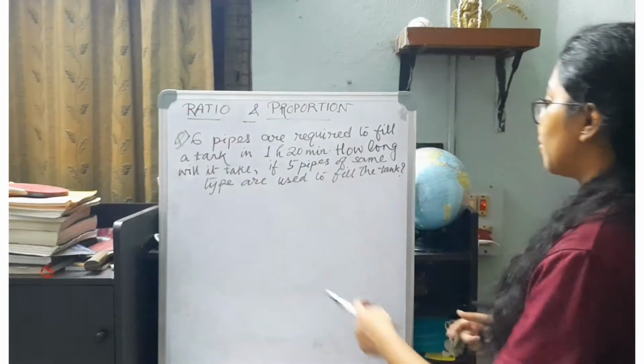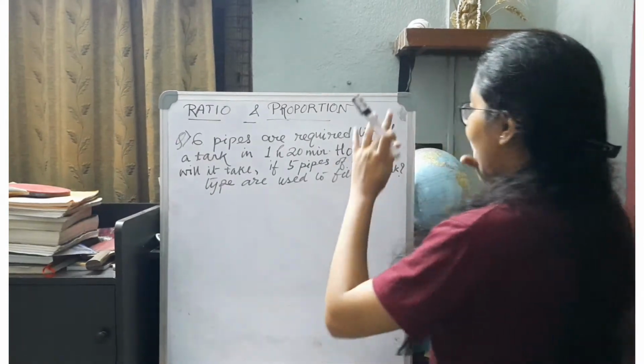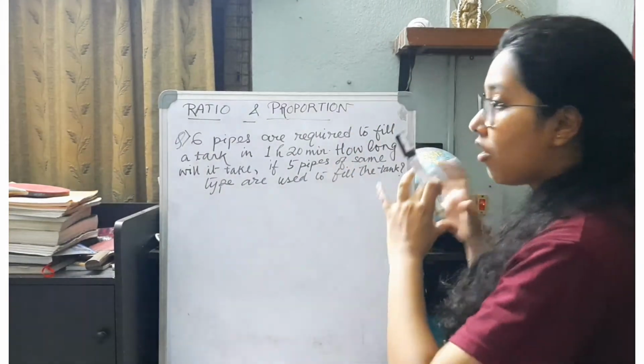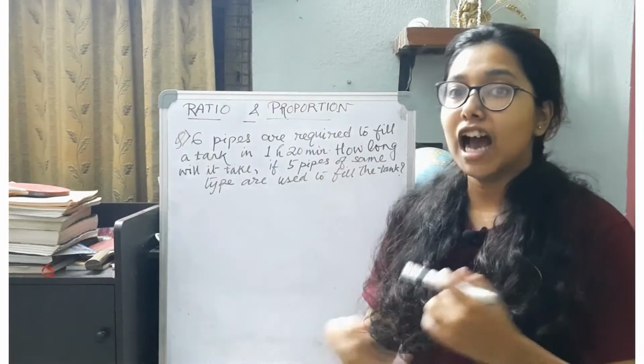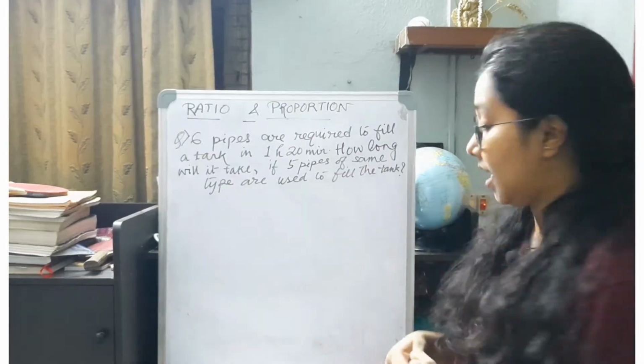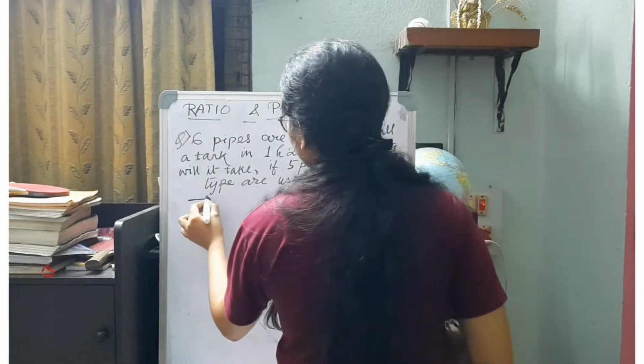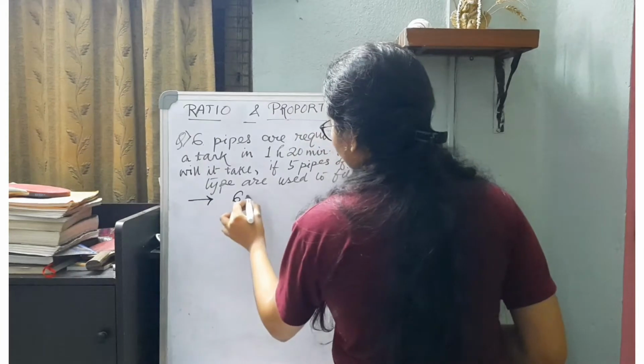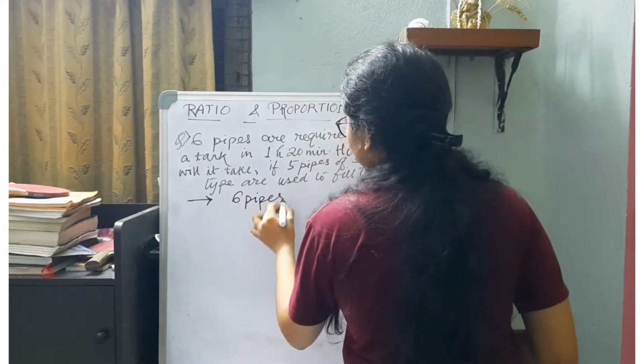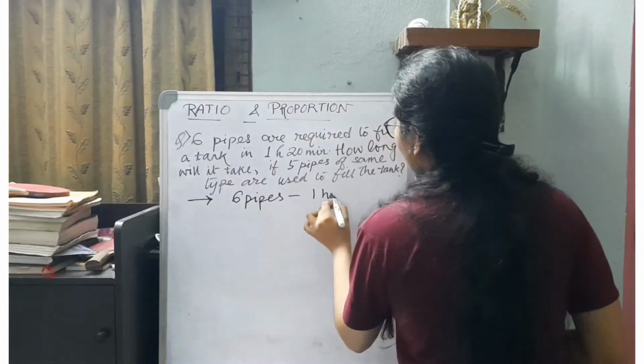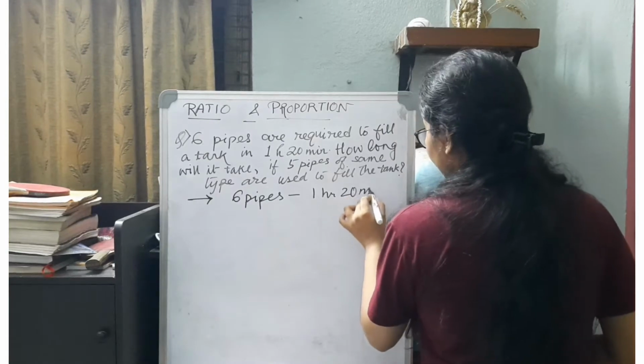Alright. So as you can see, we have to first stress on the data and then we have to go for what it wants from us. So first of all, it has been given that 6 pipes take a time of 1 hour 20 minutes.